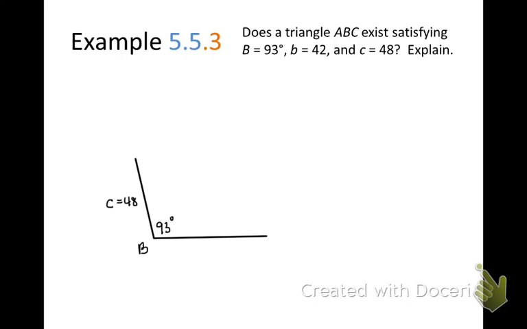So the question is, little b is 42, right? Knowing that little b is 42, is it ever going to reach this part of the triangle down here? Why not? Yeah, because little b, which is 42, is shorter than c. And you can say we'll never close the triangle.